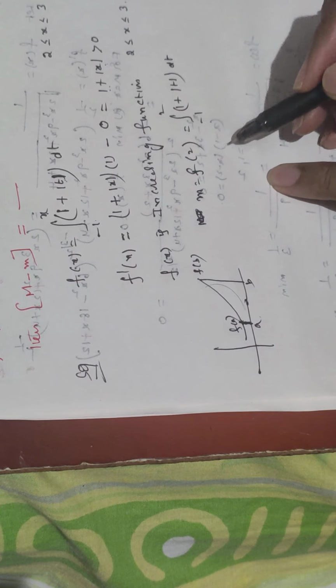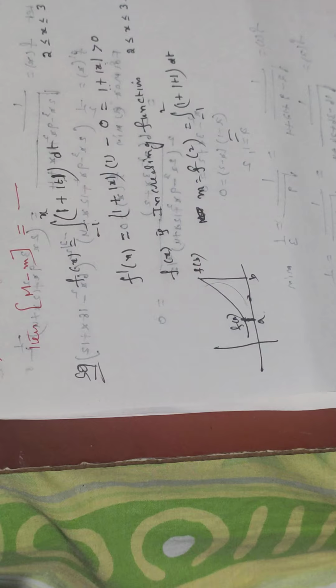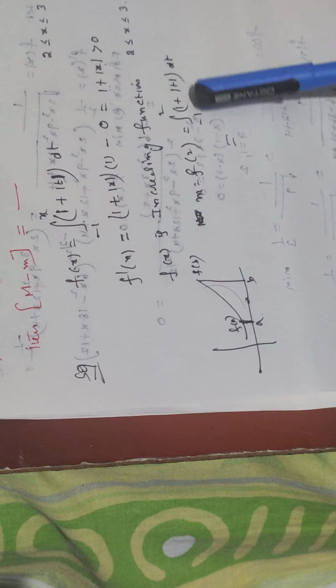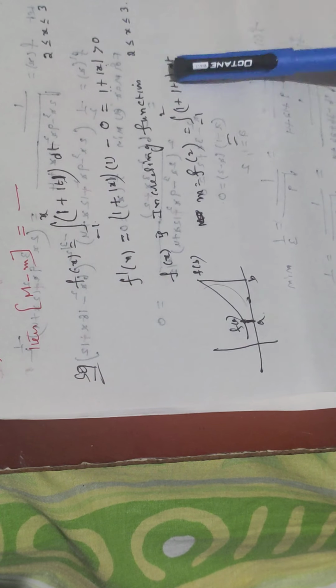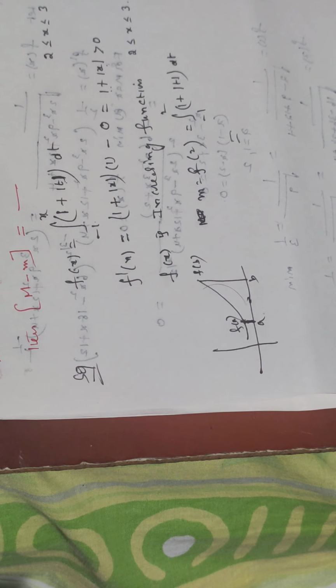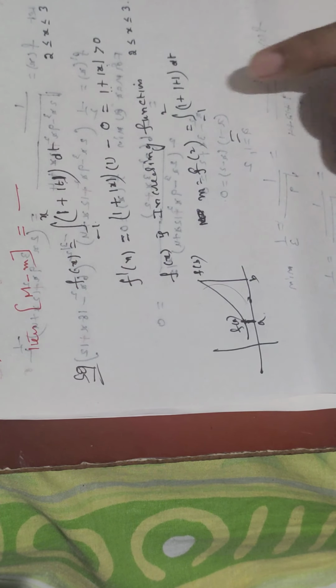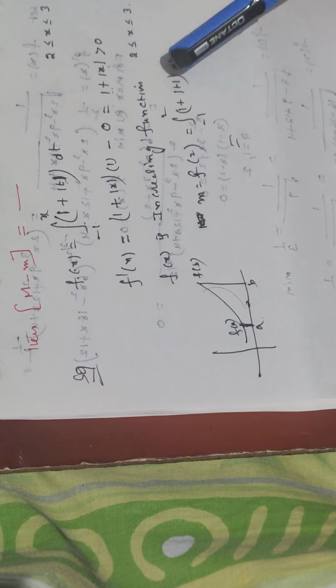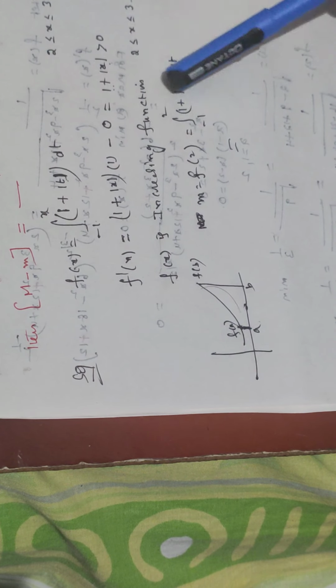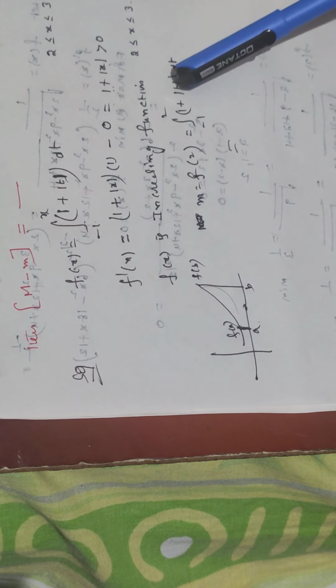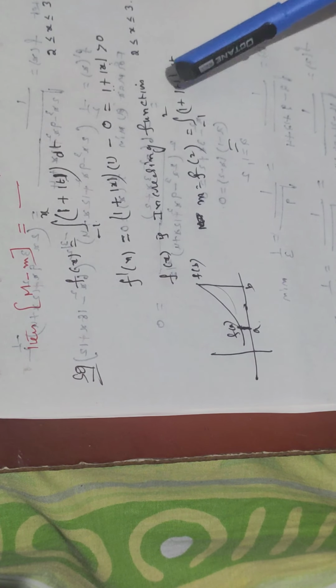Then how to evaluate this integral? Don't integrate directly here, because the mod function is there. Whenever a mod function is there, the method to evaluate the integral is to remove the mod by splitting the interval at the stationary points or critical points. In the case of mod t, the critical point is 0.